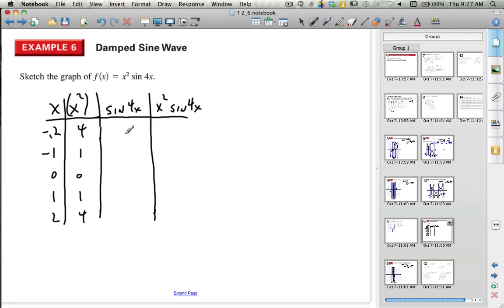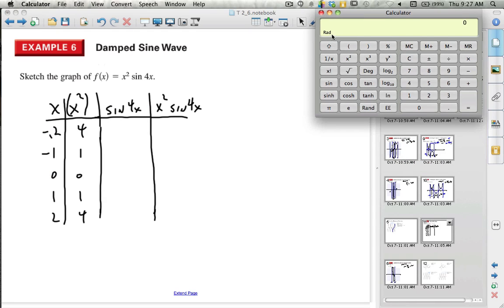Okay, but now, when I plug into my calculator to evaluate sine of 4x, I need to make sure that my calculator is in radians. So I've got my calculator set for radians, and when x was -2, 4 times -2 is -8, and I find the sine, which is -0.989.